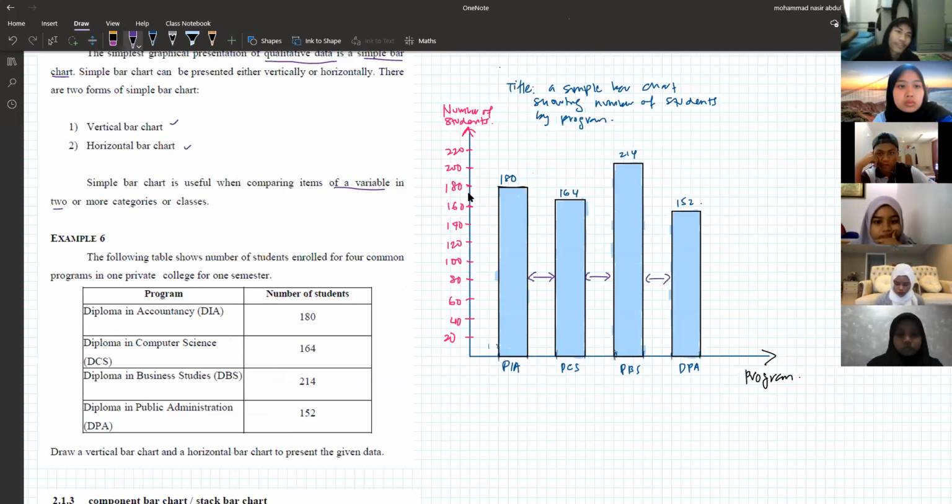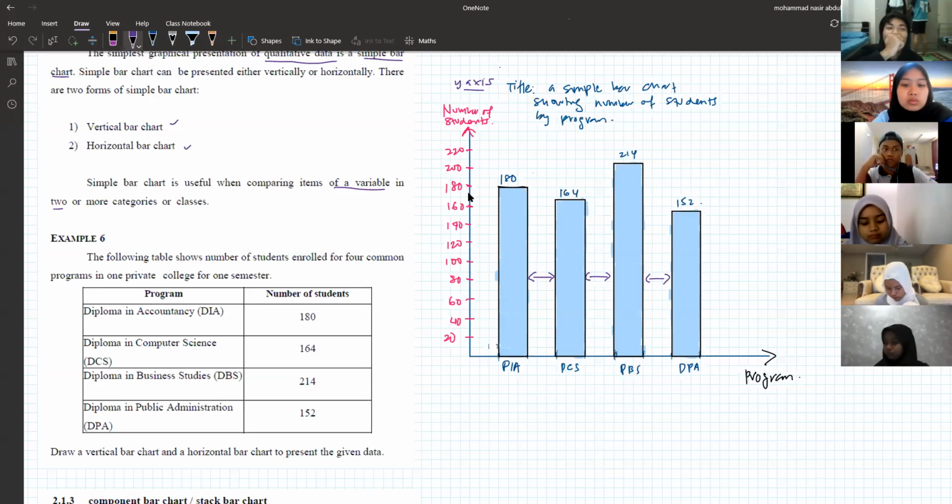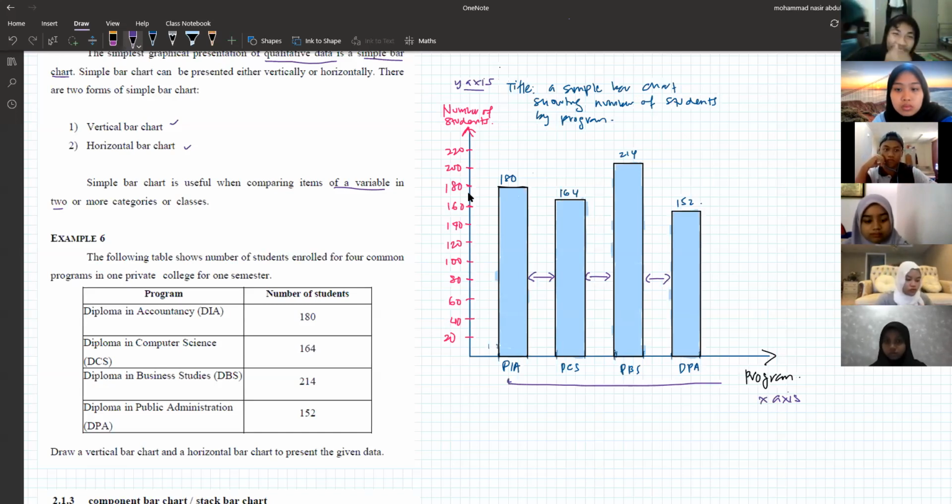So this is a bar chart. And then this is the y-axis, and this is the x-axis, right? On the y-axis, always present frequency value, and the x-axis represents a categorical value, right? The height of the bar represents the frequency value, right?